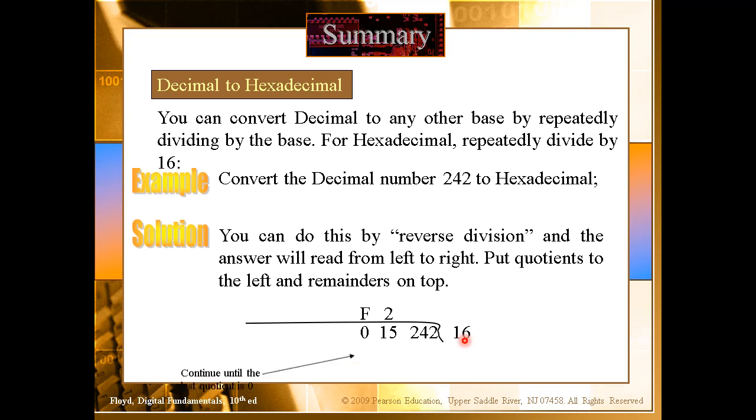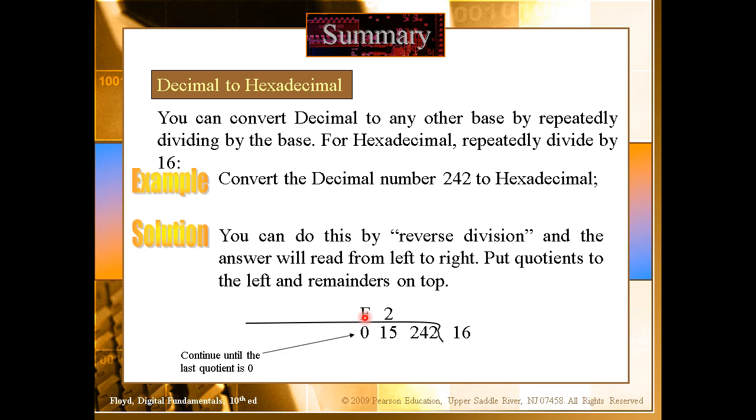So basically 0 is your quotient, and the 15 is your remainder right now. But we are writing the remainder in hex. What is 15 in hex? F, right? So that's why you see here, this is my quotient this time, this is my remainder.